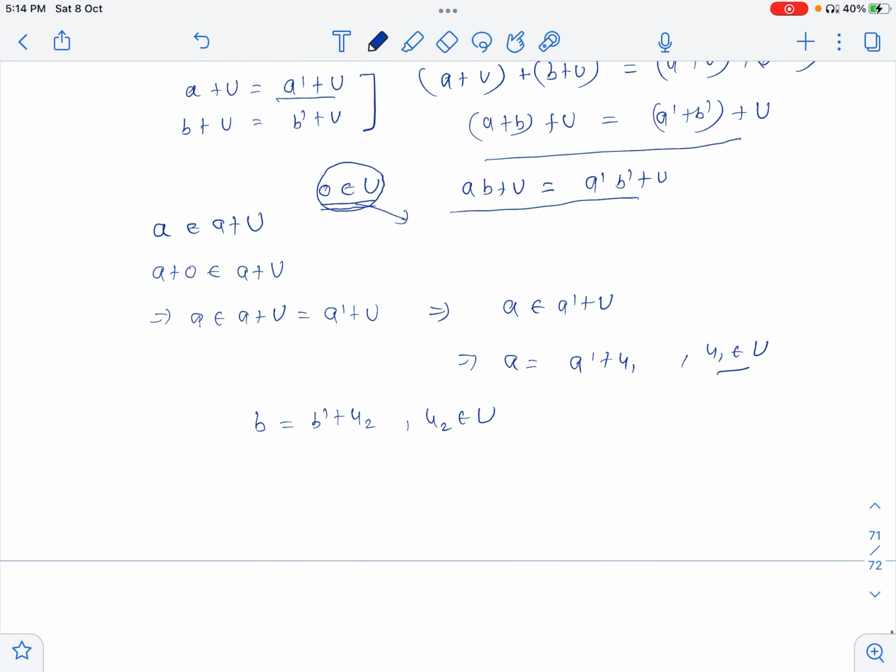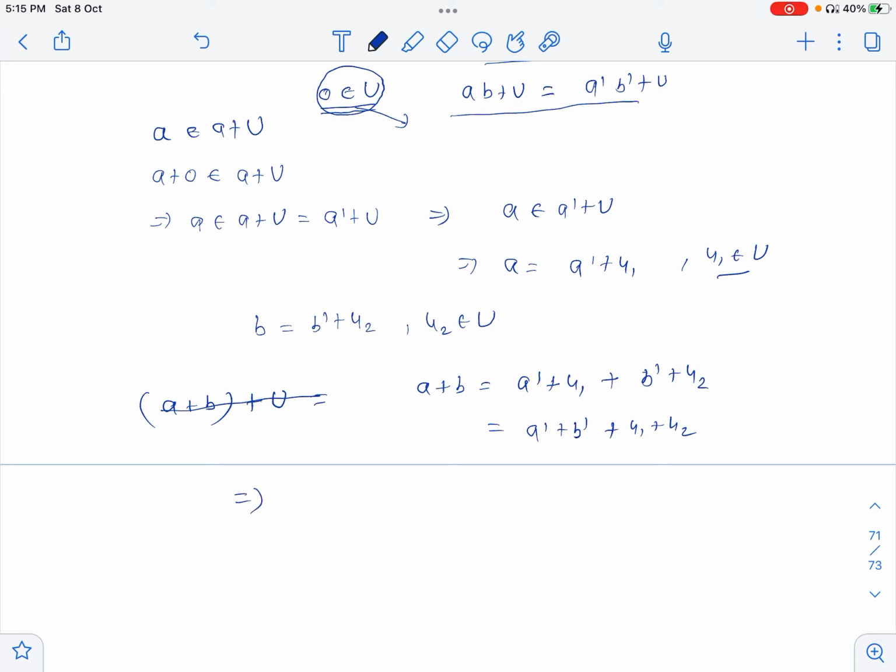Now let us find a plus b, which is equal to a dash plus u1 plus b dash plus u2, which can be written as a dash plus b dash plus u1 plus u2.